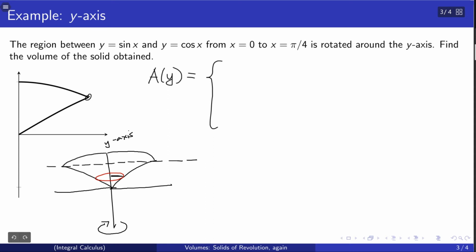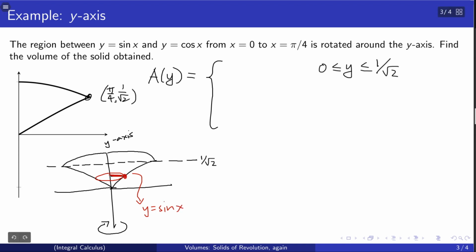Right? Remember, this point here is the point pi over 4, comma 1. No, not 1. Why did I say 1? Pi over 4, comma, 1 over square root of 2. So this means that from y coordinate 0 to 1 over root 2, which is this line, my radius is going to be given by, well, this is the sine function, right?